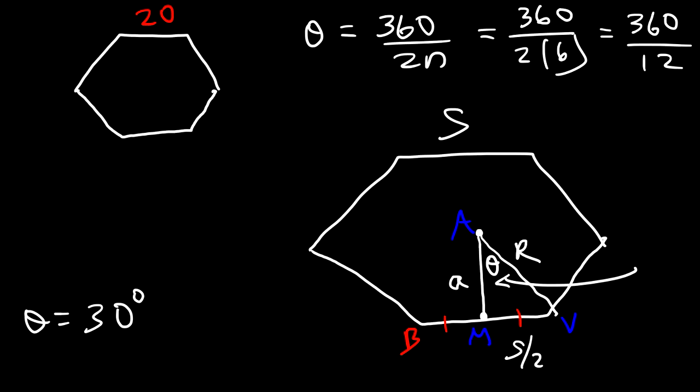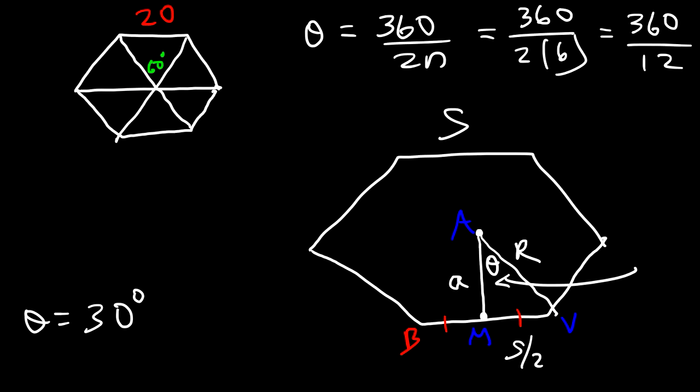Now, if you want to see it visually, break up the hexagon into 6 congruent parts. The angle of a full circle is 360 degrees. And because there are 6 equal parts, we need to divide 360 by 6, which will give us 60.